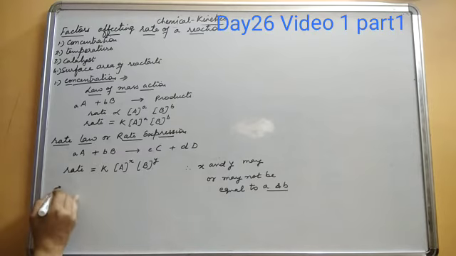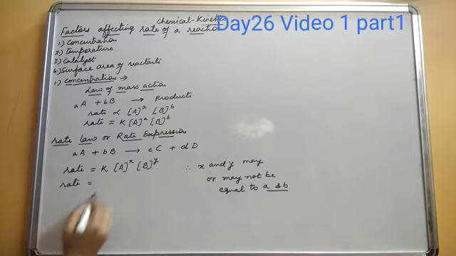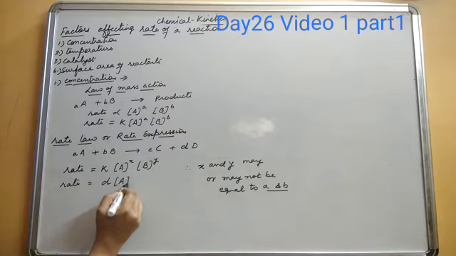Now, just as we have done in the last video, rate equal to d[A] by dt. This we have done, instantaneous rate of the reaction or simply rate of the reaction. Here A is the reactant.